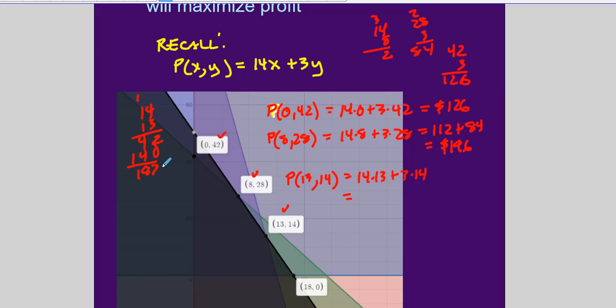That's 182. That's 182 plus 14 times 3 is 42. So that's going to give us 226. I mean 4. That's $224.